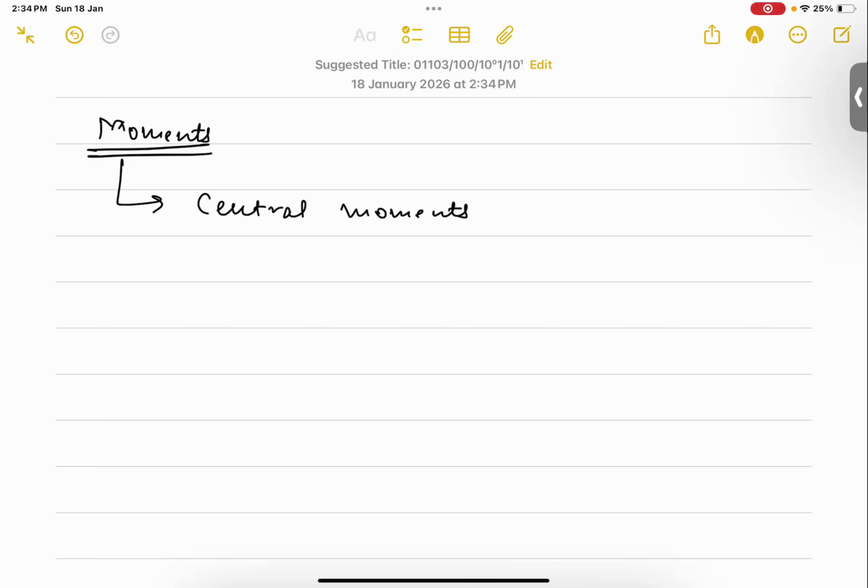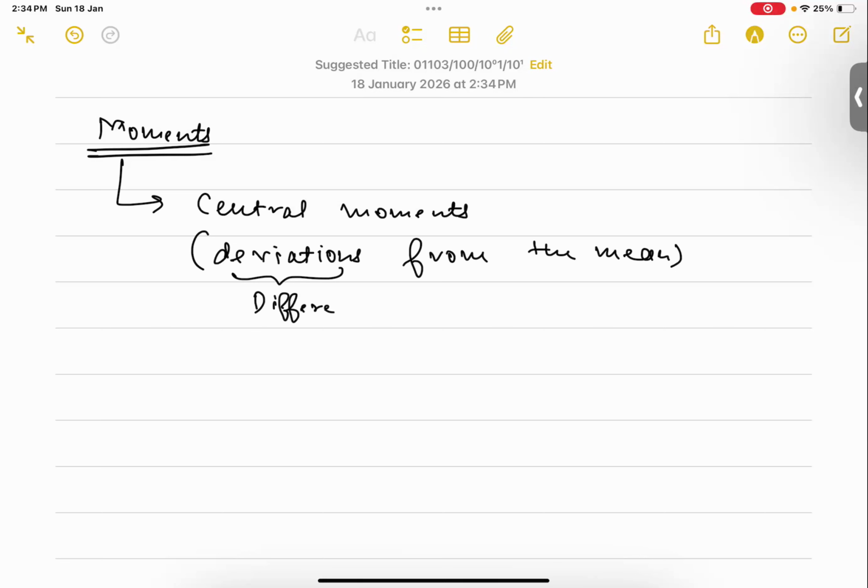This is not given in the textbook. These are deviations from the mean. Deviation means differences from the mean. So central moments we have.